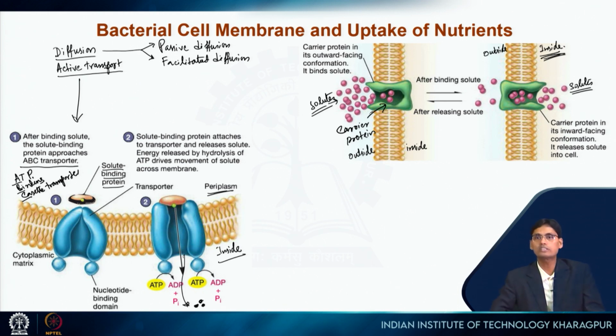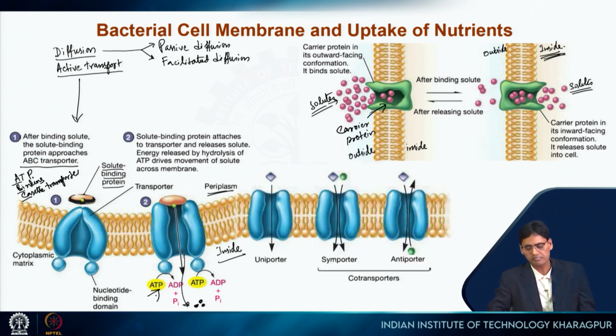But in order to carry this out, we need to spend ATP, as I already mentioned. This is an active transport mechanism. Now this active transport can be uniport or co-transport. Uniport means one kind of substance going in one direction. For example, in the case of the ABC transporter, as you can see here, one kind of solute is going only inward.